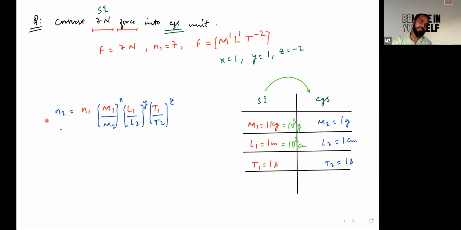And third, write the derived formula which I derived in the previous part and put all the values from this into this. These are all in product. Okay, Abhinav? Yes, sir. So on the basis of their exponents, try to multiply or divide. Okay, sir.